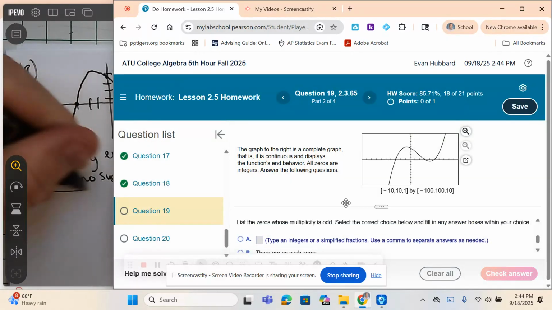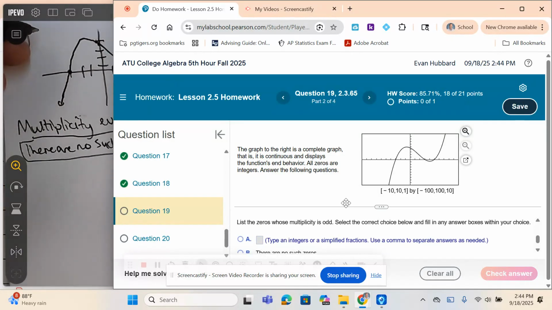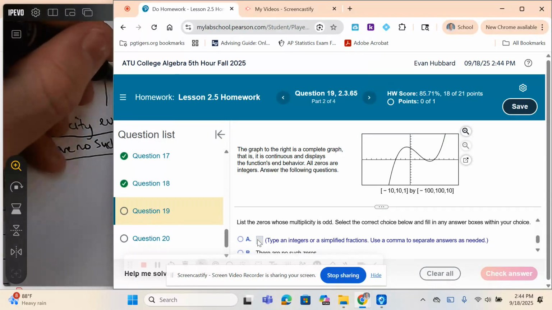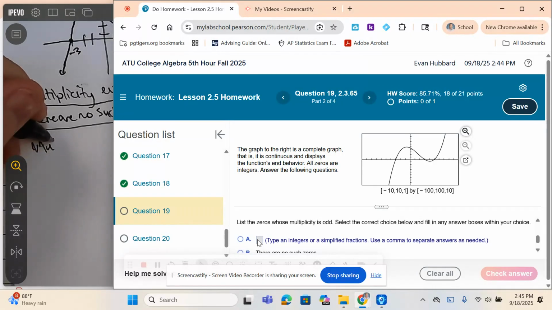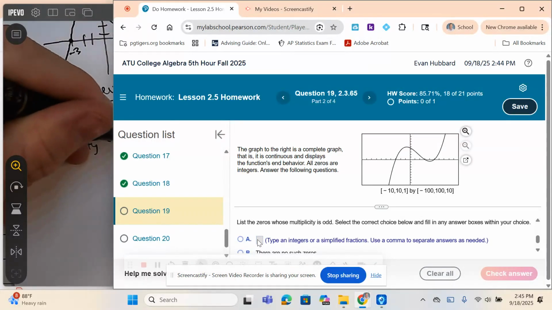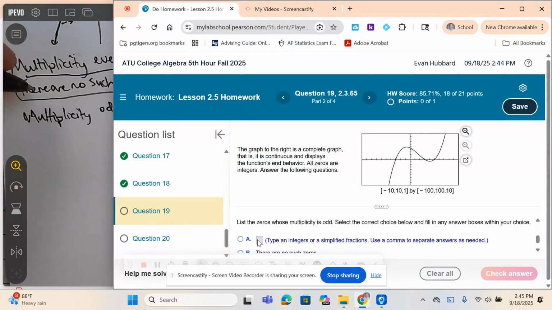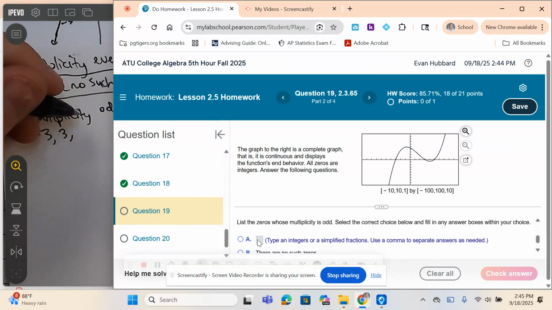Now, multiplicity odd, that would be -3, 3, and 5.